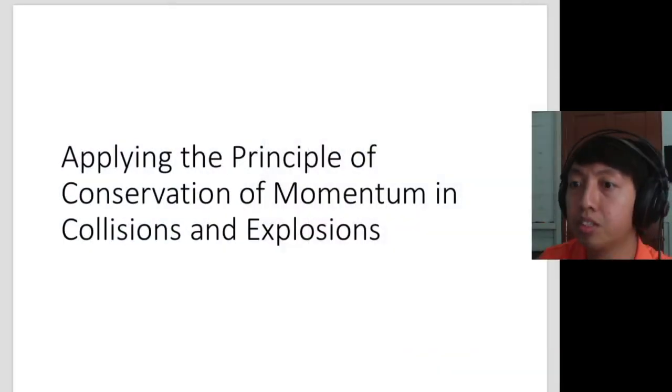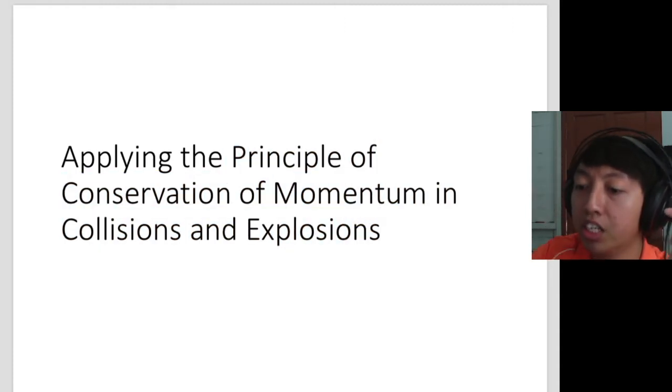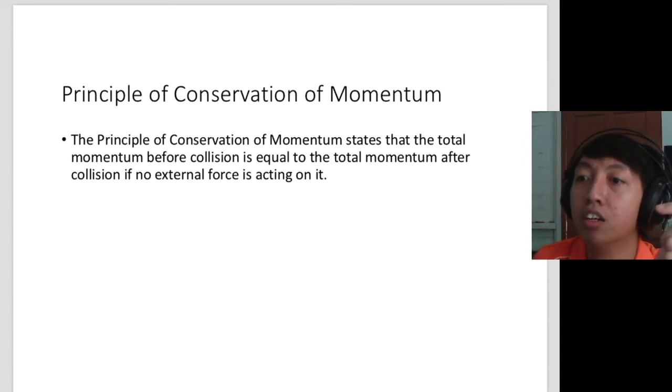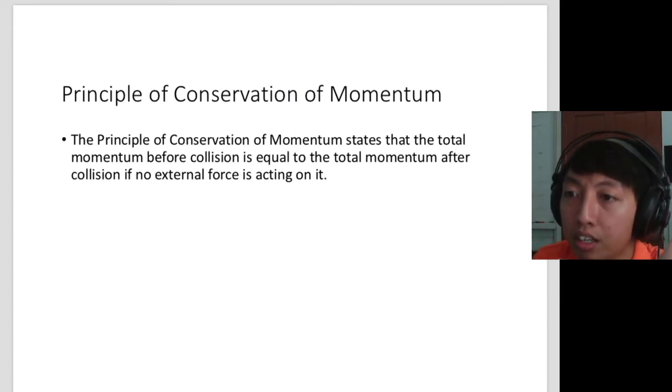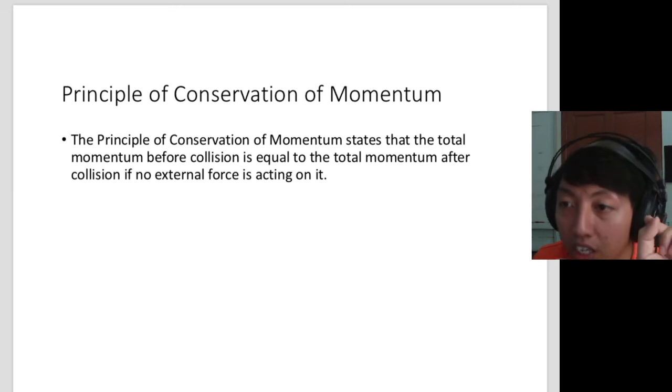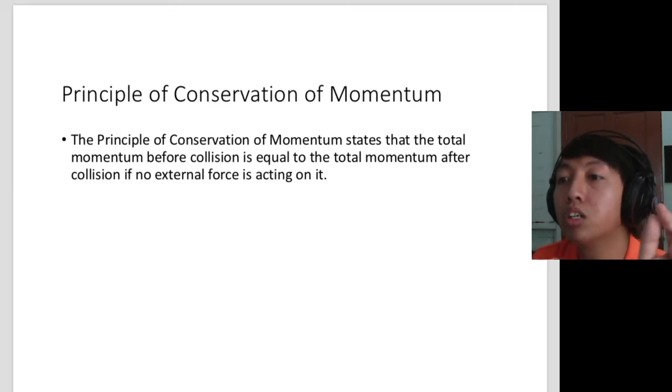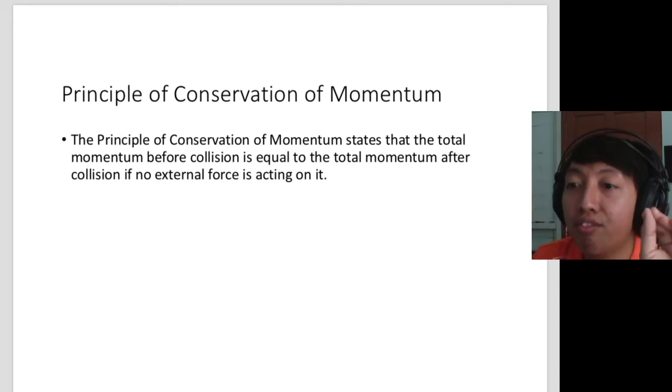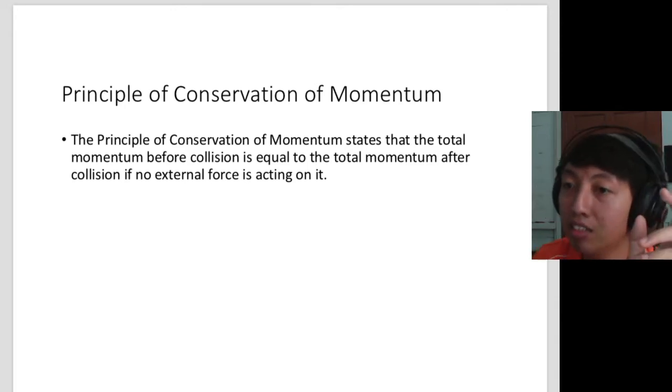Now, the principle of conservation of momentum in collision and explosion states that the total momentum before collision is equal to the total momentum after the collision if no external force is acting on it. What does that mean?